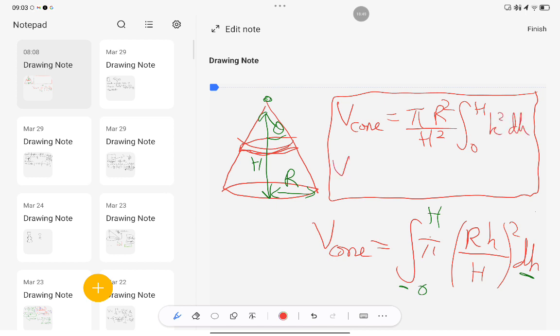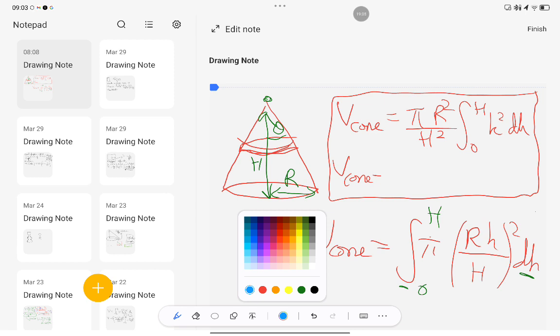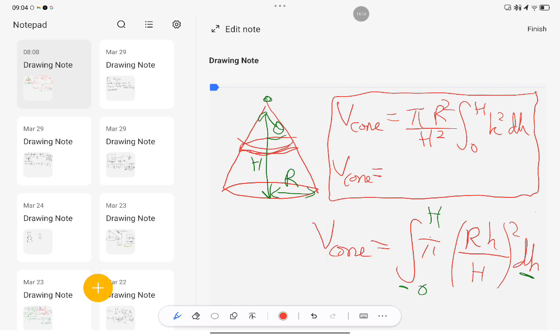And then we can use the fact that the integral of, say, x squared is going to be x cubed over 3, and we can exchange x for h, because x is just a variable letter we often pick, but it doesn't matter what letter we give our variable, it follows the same rules of calculus.